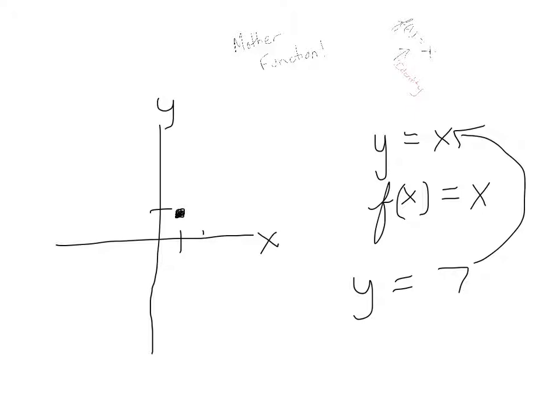When x is 2, y is 2. If x is negative 4, guess what y is? Also negative 4. So it looks to be the line that goes through the origin. It almost splits the coordinate plane in half at a diagonal.